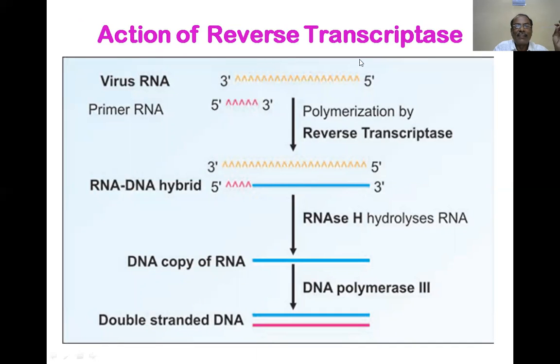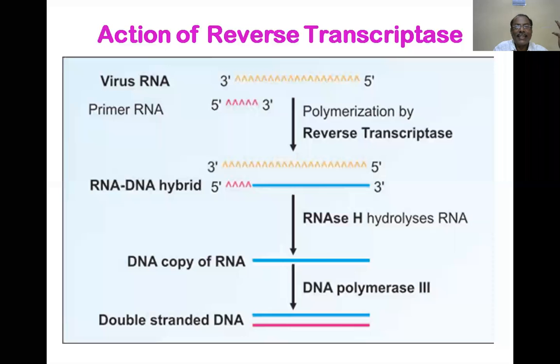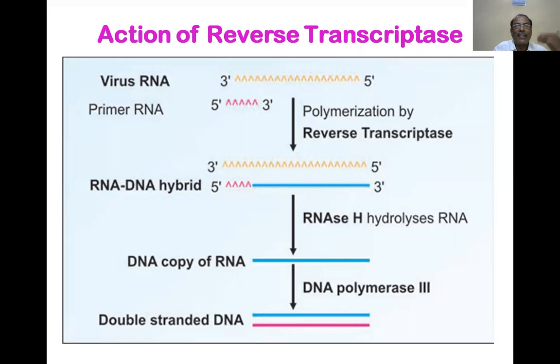Now, the action of reverse transcriptase. The last word is about reverse transcriptase. All this time the central dogma is followed: only DNA can give RNA. But viruses have proved that they can produce DNA, and they have a wonderful enzyme called reverse transcriptase. Forward transcription is DNA to RNA, so reverse transcription is RNA to DNA.